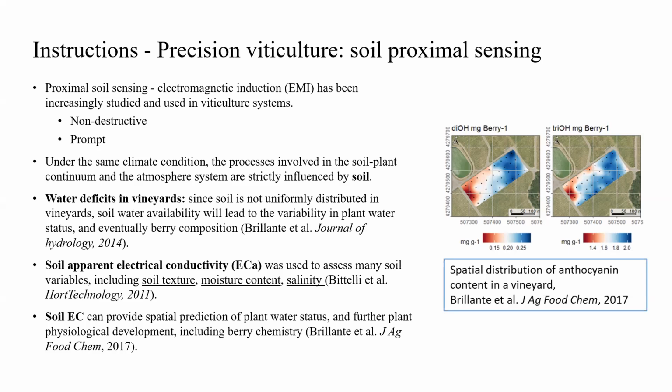The soil apparent electrical conductivity, ECa, is an integrated parameter that can be used to assess many soil variables, including soil texture, soil moisture content, salinity, or soil temperature. So it has the potential to spatially predict plant water status and further plant physiology, including berry chemistry.